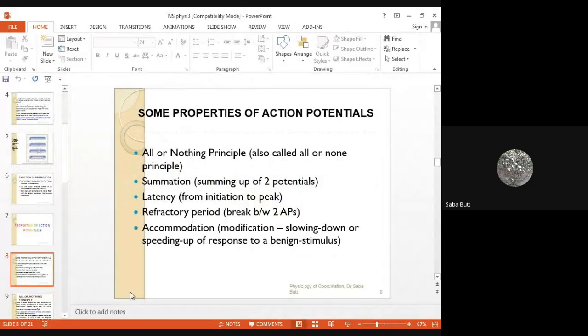This means on or off. There is no slow, less, or more. They are either transmitting a message or they are not transmitting a message. But this is true only for transmission through the axon, not on the cell body.